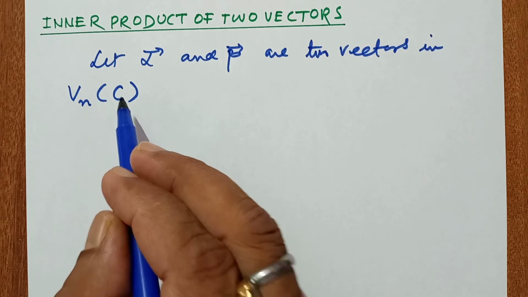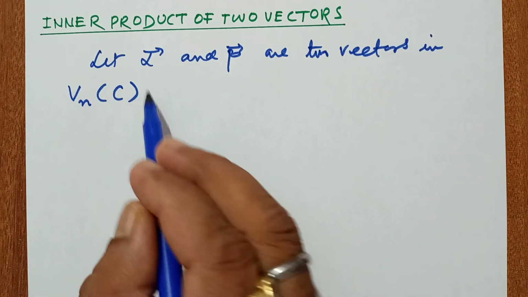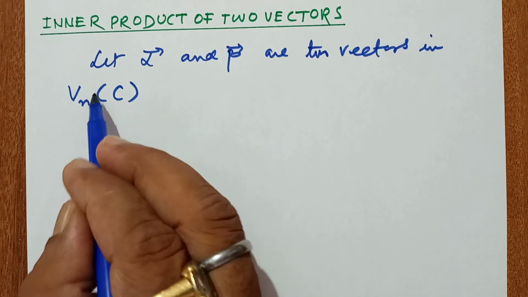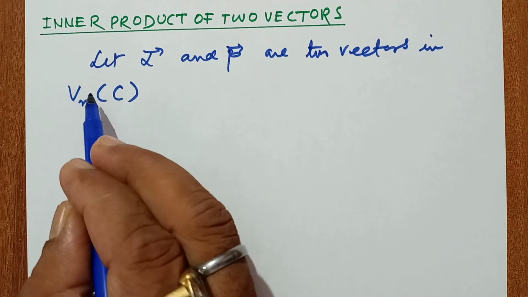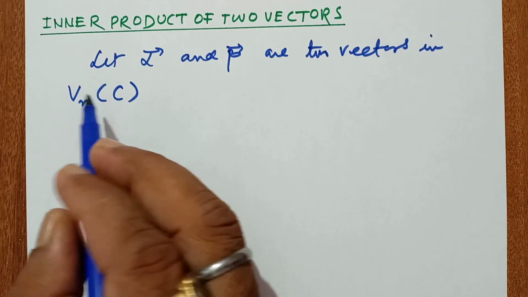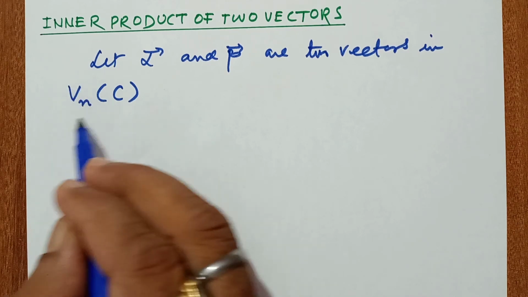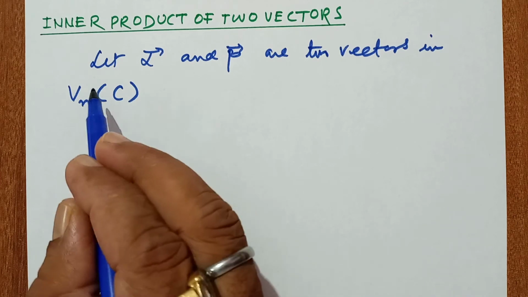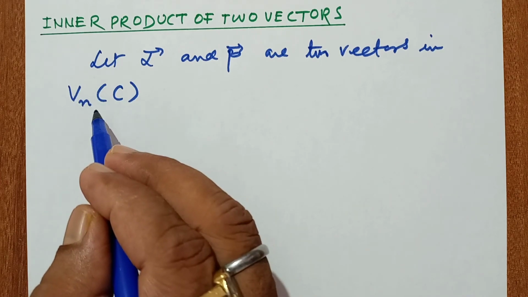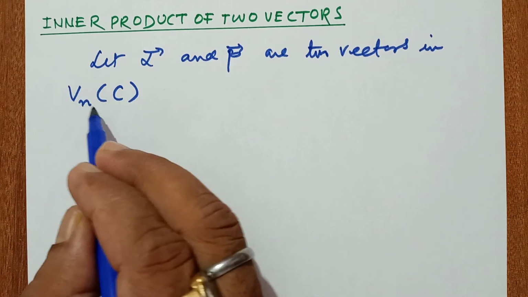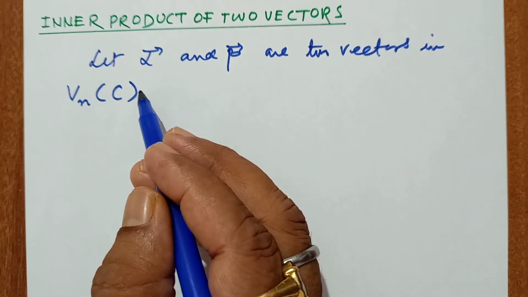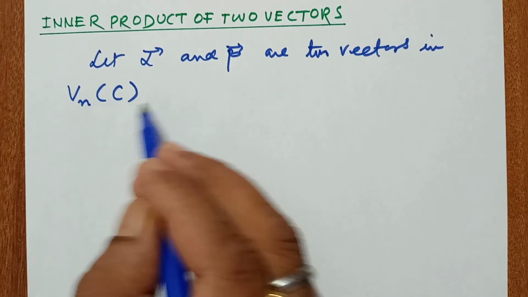So here the field is the set of complex numbers. Vn is nothing but n-tuples. Like if we write V2, it means a two-dimensional vector space. V3 means a three-dimensional vector space. So here Vn is an n-dimensional vector space over the set of complex numbers.